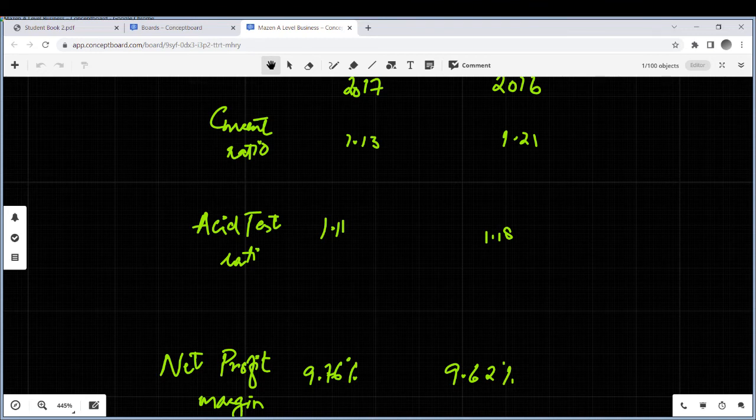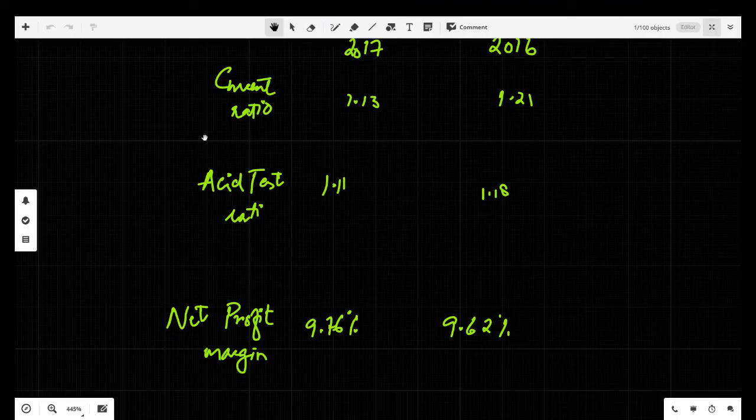So when compared from year 2016 to year 2017, the ratio has decreased, which means that the current assets as compared to current liabilities have decreased; the current liabilities increased slightly. What would be the implication of this?